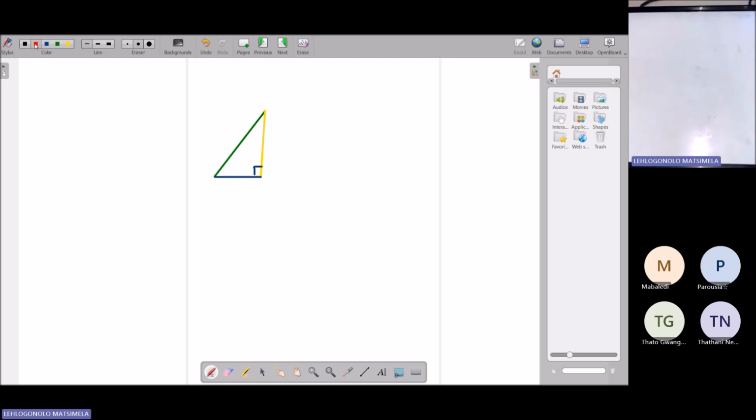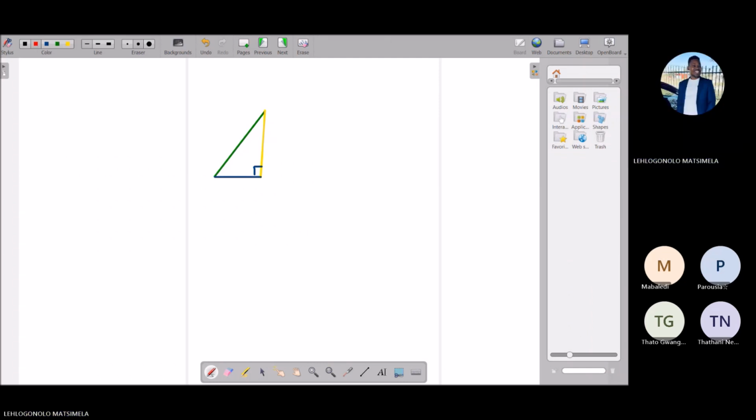You will see this triangle familiar in most cases when we draw in a Cartesian plane, or just drawn within or out of scale. So let's come and see to it. Now this triangle has 3 sides.